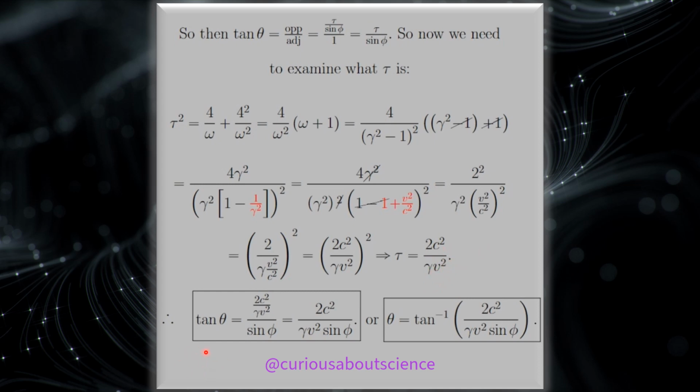And now tangent, which if you remember way back in the chapter, we saw how tangent transformed. Now we have the transformation of tangent in a different context as a function of phi and v. So now that we have tau over sine, we can reduce that to 2c squared over gamma v squared sine phi, or we can use theta equal tan inverse, of course, to find theta.